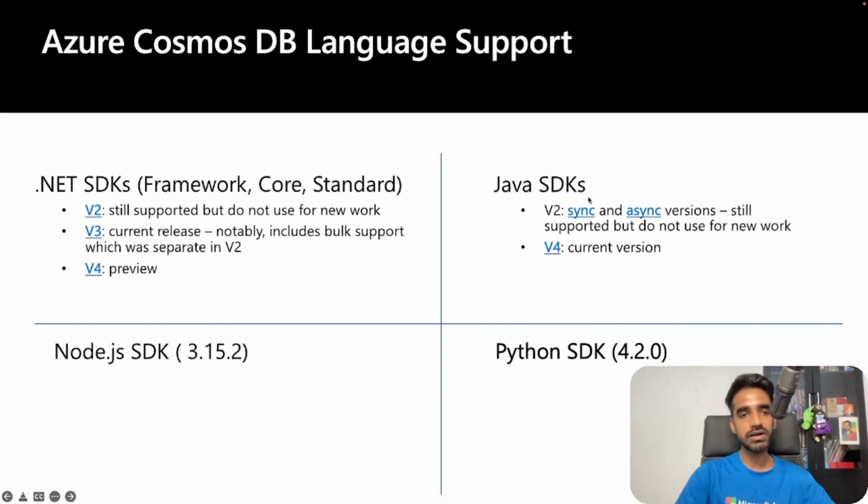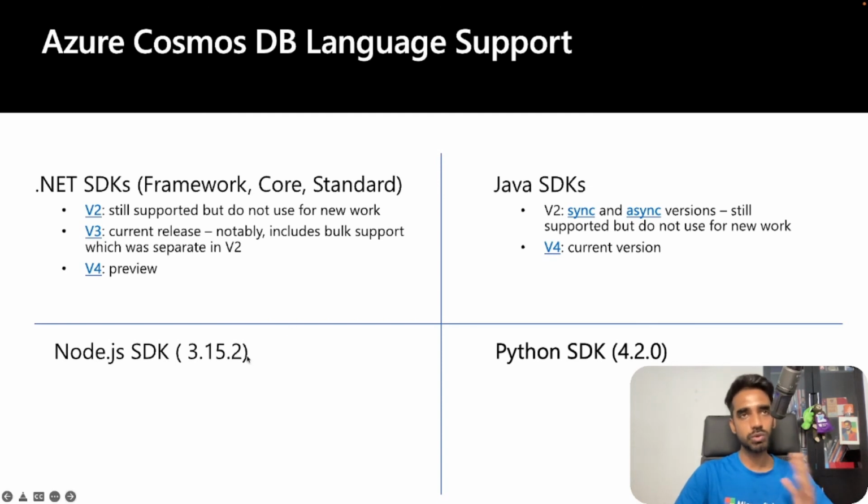On Java, we support two versions, V2, which has support for both sync and async. We do not recommend new workloads be built on V2 as it's expected to retire soon. The current version is V4, which has a lot of capabilities on par with .NET, which I explained earlier.